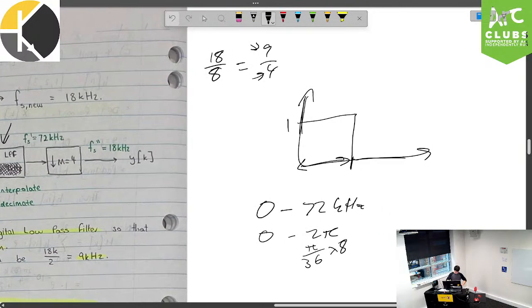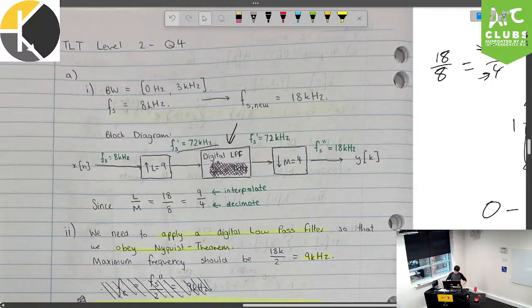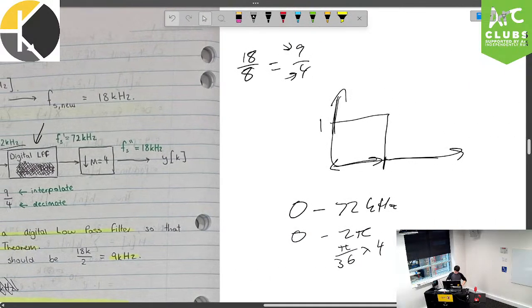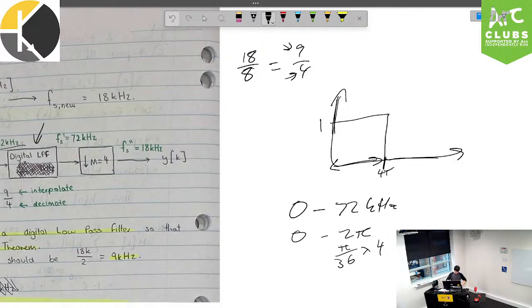When we chuck in 8 kilohertz over here, well, really we only want to preserve 4 kilohertz since that's what it's going to be between 0 and pi. We want to preserve this up to 4 pi on 36 or just pi on 9. Okay? And so that's how we could describe it.